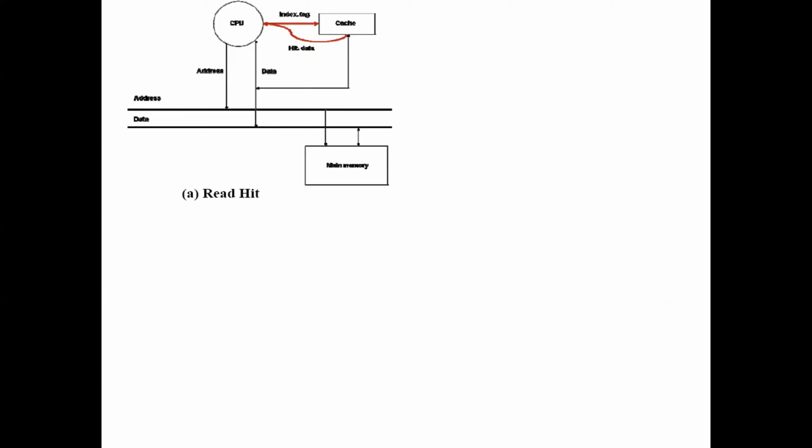In the case of a read hit, our CPU queries the cache to get the appropriate index and tag. If it is available, it is sent back to the CPU. So in this case, the data goes straight from the cache in one cycle.